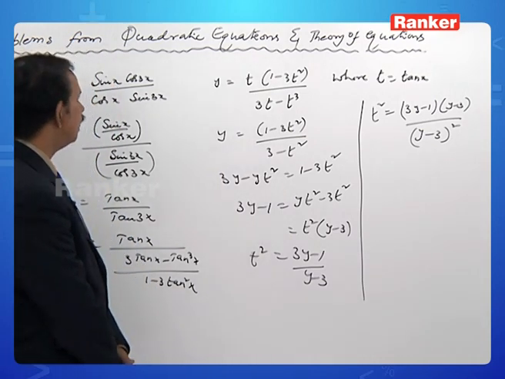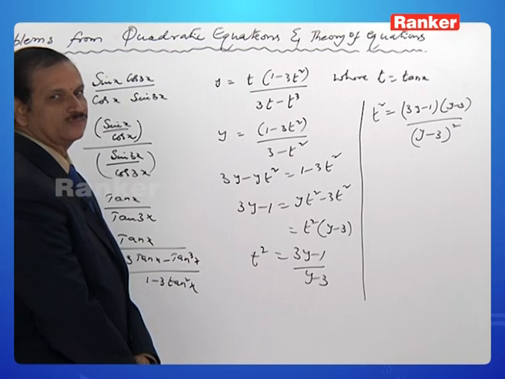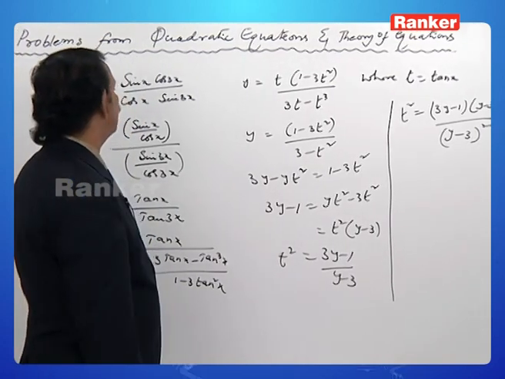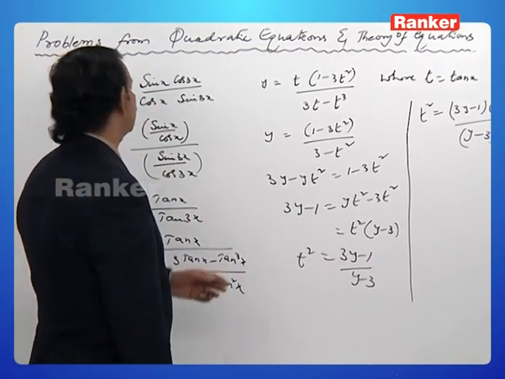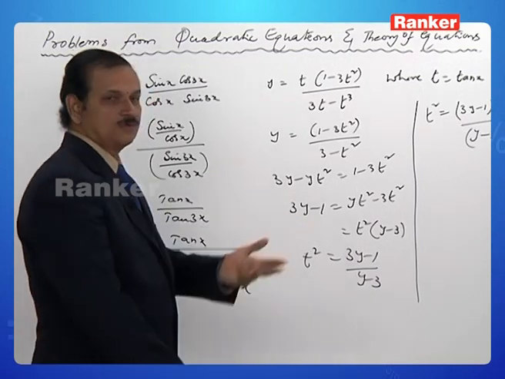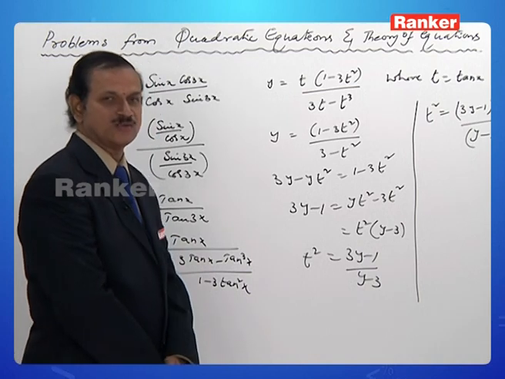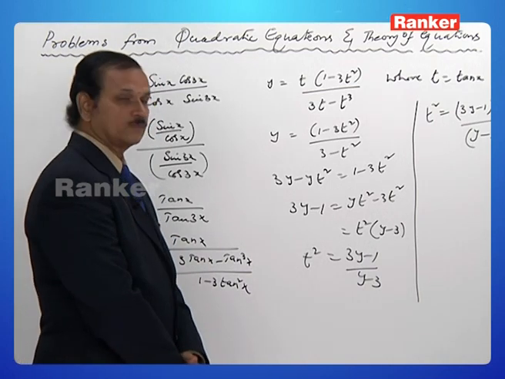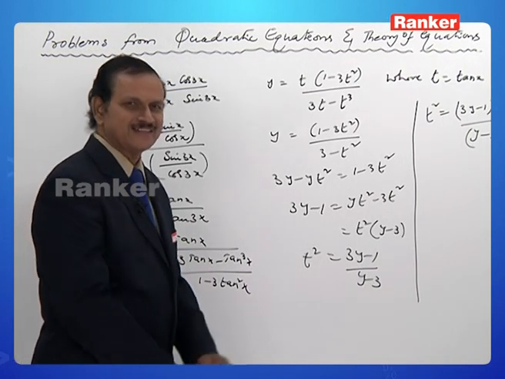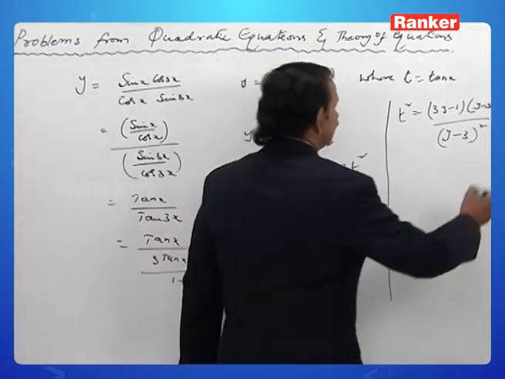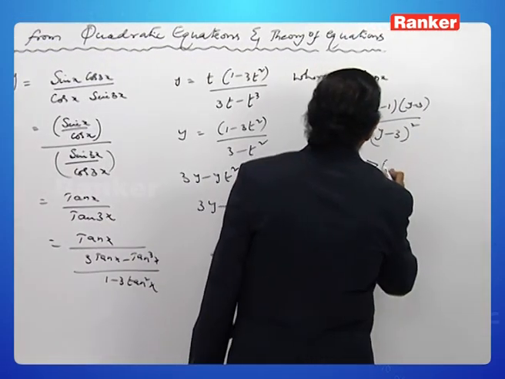When can it be 0? It can be 0 when tan x is 0. If tan x is 0, then sin x is also 0. Then y is equal to 0. It can then become a constant value. So t square is absolutely greater than 0. Therefore, this is greater than 0.